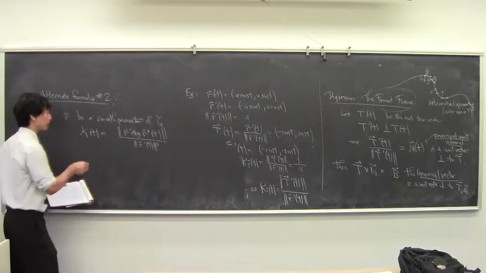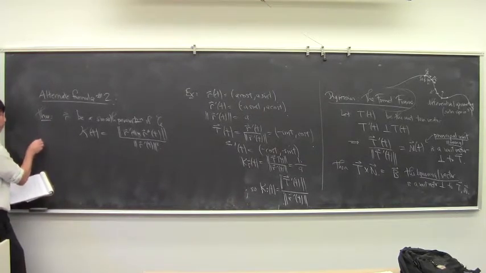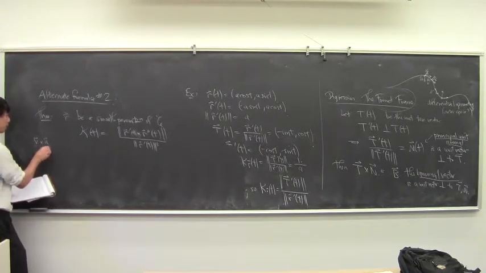If you like physical notation, the magnitude of v cross a over the speed cubed.